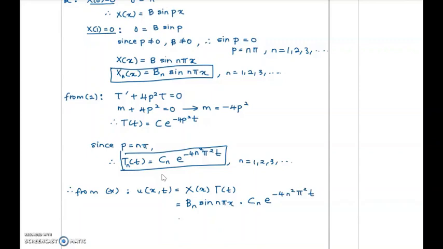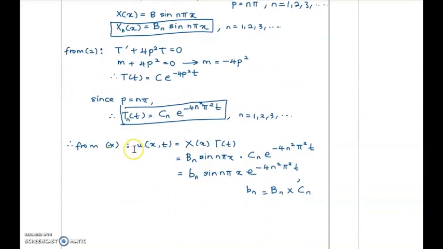Bn times Cn is another constant that we can write as small bn, sine n pi x exponent negative 4 n squared pi squared t, where bn equals capital Bn times the Cn. So that's our initial solution for the u. But we still have the constant bn here that needs to be determined, so in the next step we are going to get the bn.